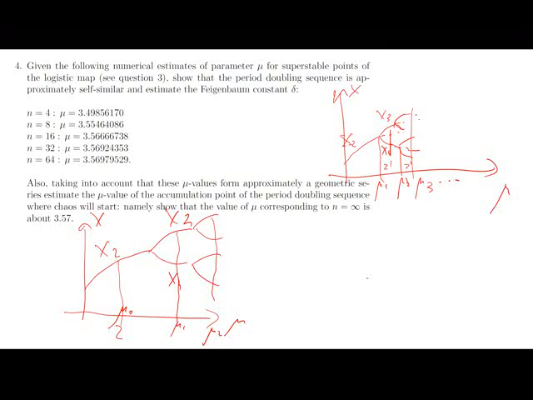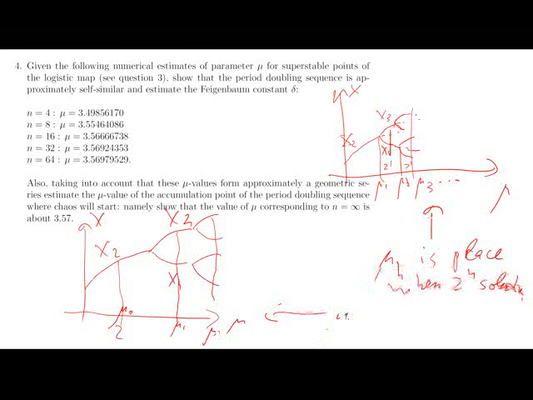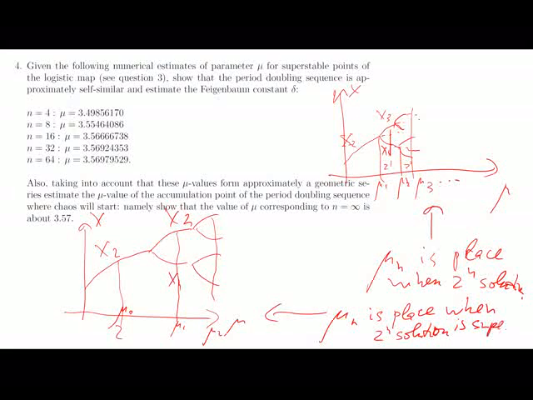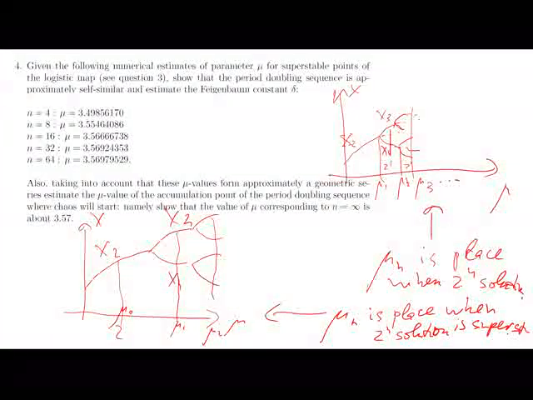So mu n is the place where the 2 to the power of n solution is super stable. Slightly different definitions, but all conclusions are the same.